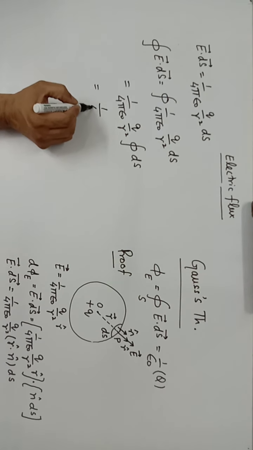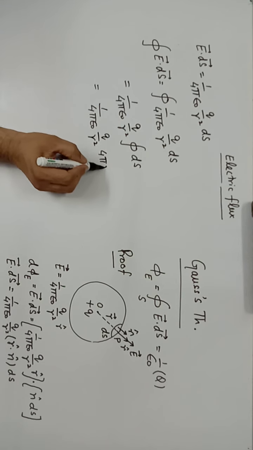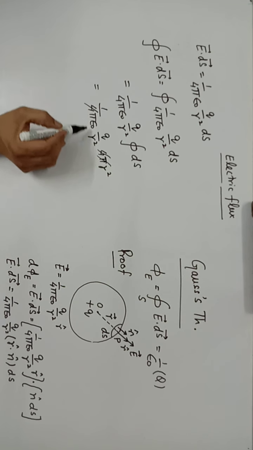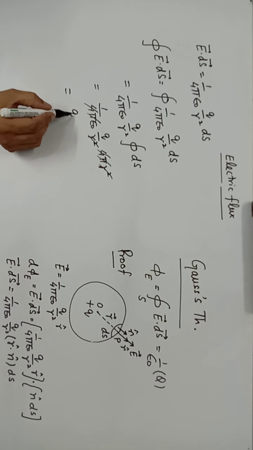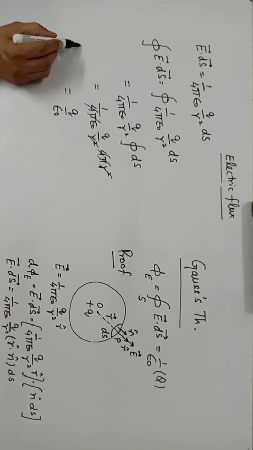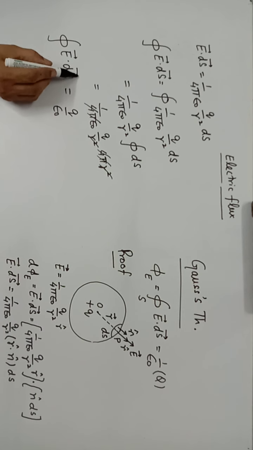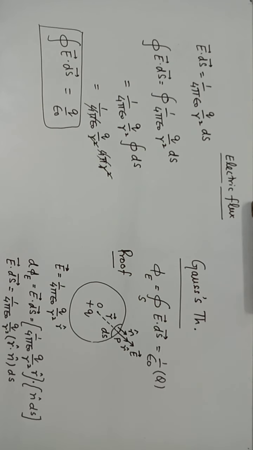So we write 1 upon 4 pi epsilon naught Q upon r square times 4 pi r square. Pi cancels out, r square cancels out, and the remainder is Q upon epsilon naught. So integral E dot ds is equal to Q upon epsilon naught, which proves Gauss's theorem. Understand?